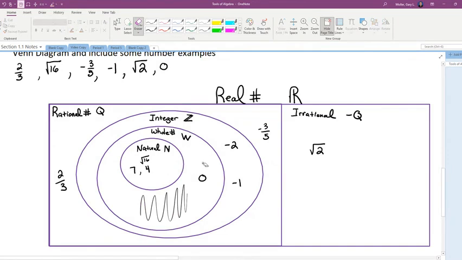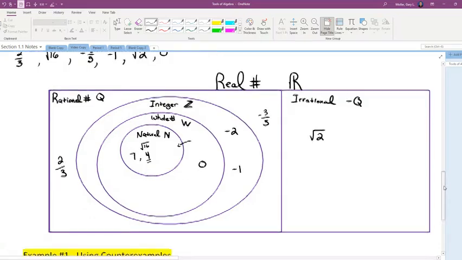Because any other number that's a whole number would actually also be classified as a natural number. And that's why, like 4 is a whole number, but more specifically, it's a natural number. 0 is the only one that would be all by itself. All right.